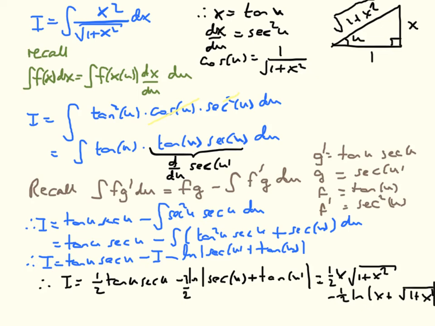So what we've got here is tangent times sec, tangent is x, sec is the square root, and tangent plus sec is x plus that. And this is our answer for the integral, and it would be a good thing to do to check that this is correct by differentiating everything here and seeing that we indeed obtain x squared over the square root of 1 plus x squared. But with that, I'll move on to the next integral.